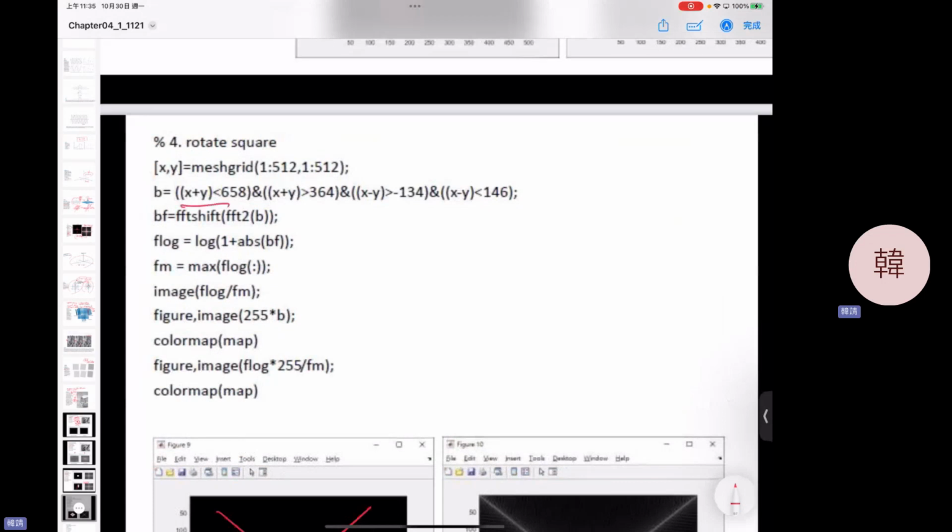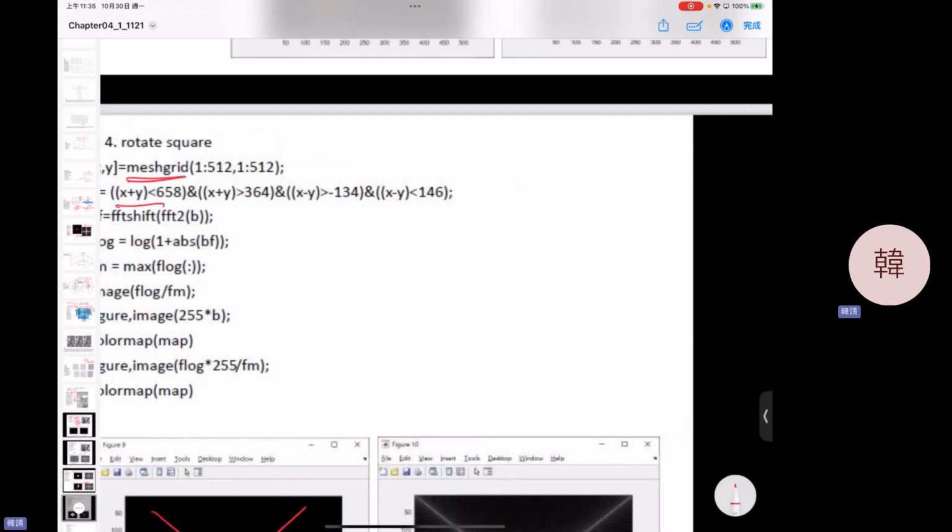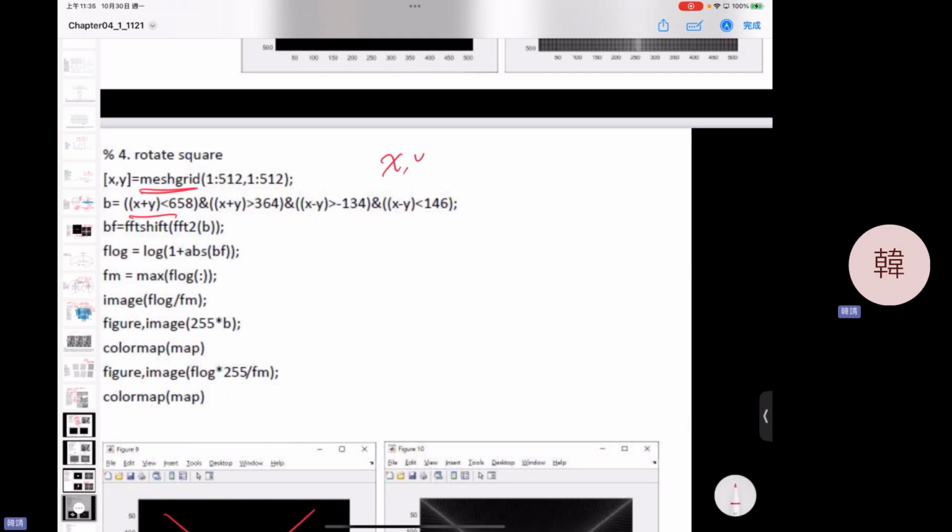So how can you do that? Actually I just calculated this image, and I use a meshgrid. So what's a meshgrid? Let me explain the function here. You can play around with a smaller one to understand what meshgrid is designed for. Take 1, 2, 3, 4 in the x and y directions. If you use the meshgrid function, you get two matrices.